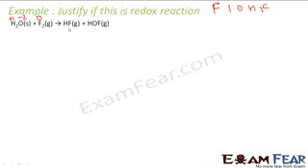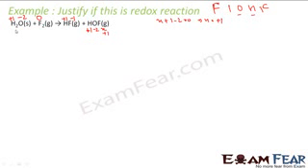First I'll give preference to H. This becomes +1, and then overall it has to be 0. This becomes -1. In this case, first preference is O, that is -2. Then H, that is +1. Overall it has to be 0. So let this be X. So x plus 1 minus 2 is equal to 0. So x is equal to plus 1, right? So F is plus 1 here.